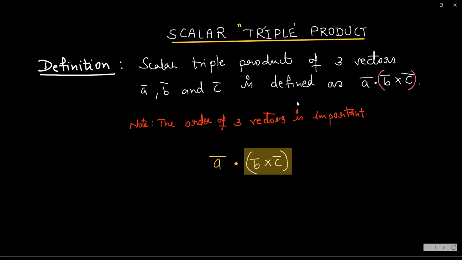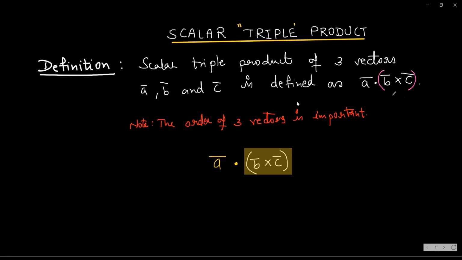But here I have a question. Is the bracket necessary? Is there a chance of me not putting a bracket and then committing a mistake? See, how is the bracket helping me?